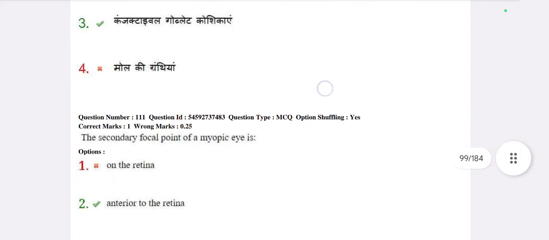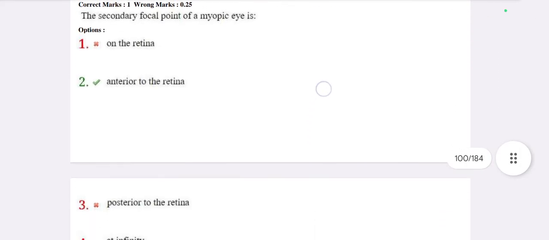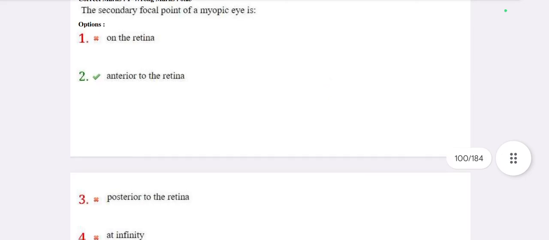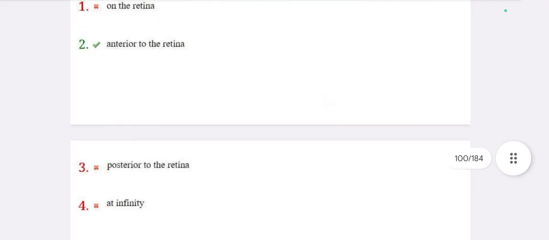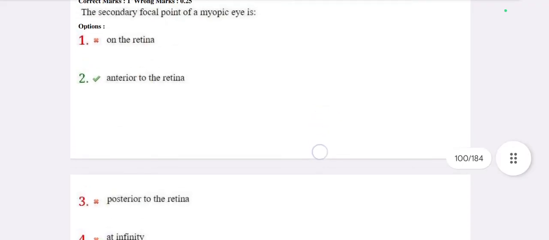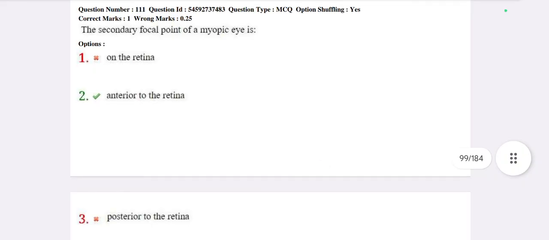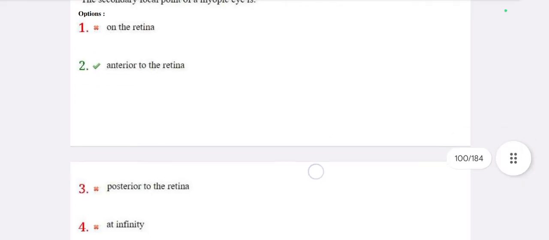Our next question is, the secondary focal point of a myopic eye is on the retina, anterior to retina, posterior to retina, at infinity. Correct answer is anterior to the retina.